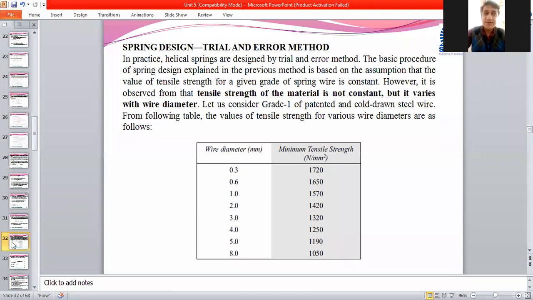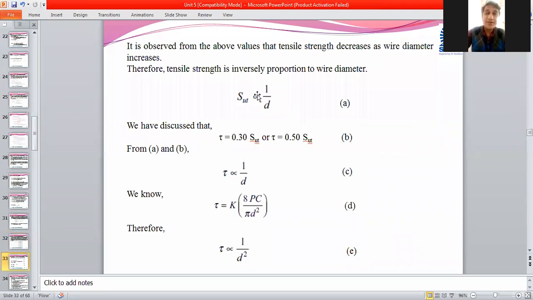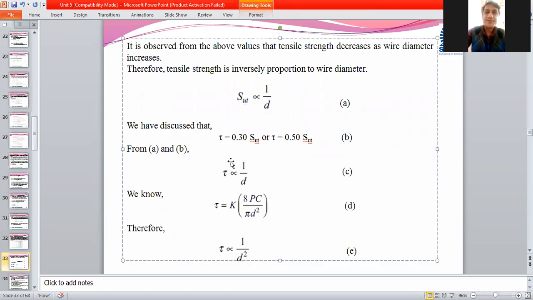That is nothing but, not an assumption, actually this is the practical thing, that the ultimate tensile strength is inversely proportional to the diameter. If you want to increase the ultimate tensile strength, you have to decrease the diameter. Or if the diameter is increased, the ultimate tensile strength decreases. And based on this ultimate tensile strength only, you are going to find the shear stress for that given wire diameter or for the given spring.